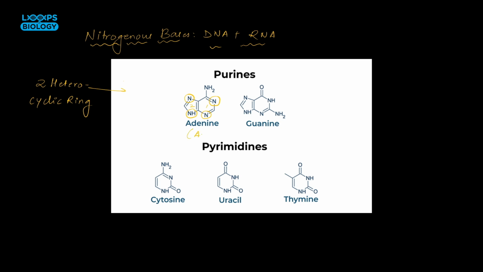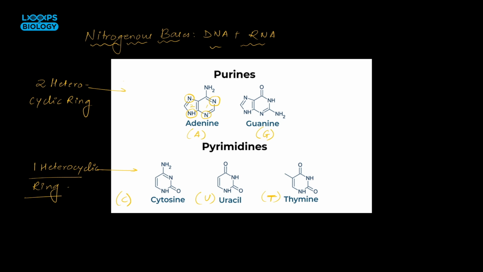So adenine, which is represented as A, and guanine, which is represented as G, belong to the category of purines, while whenever there is only a single heterocyclic ring, the structure is called a pyrimidine. So cytosine, which is represented as C, uracil represented as U, and thymine represented as T belong to the pyrimidine category.